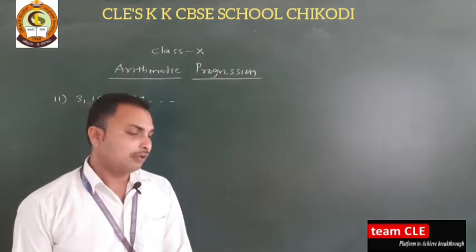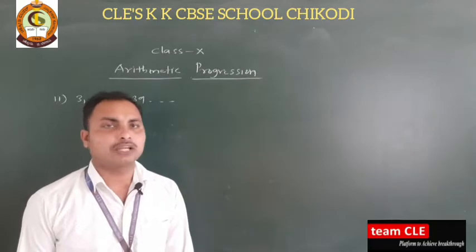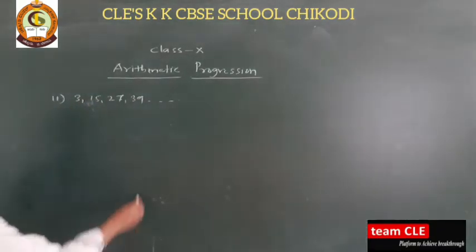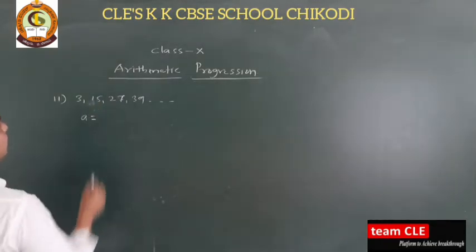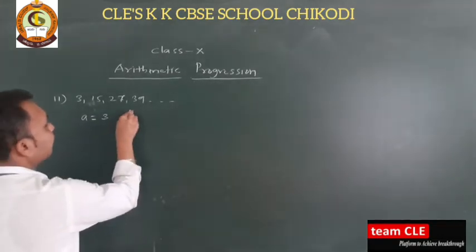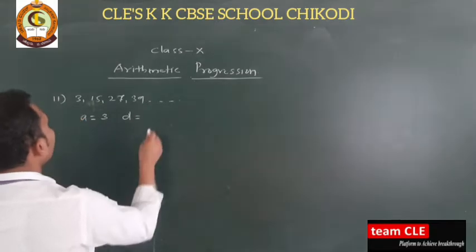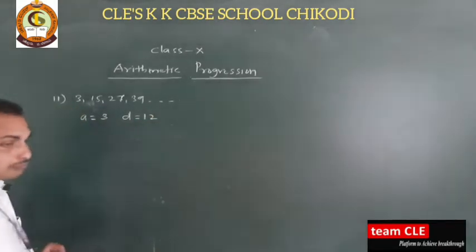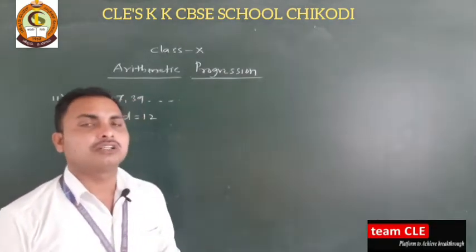This is a very important question. Just you can see, they have given A is equal to 3 obviously. Now common difference we get 15 minus 3, which is 12. Now 132 more than its 54th term.